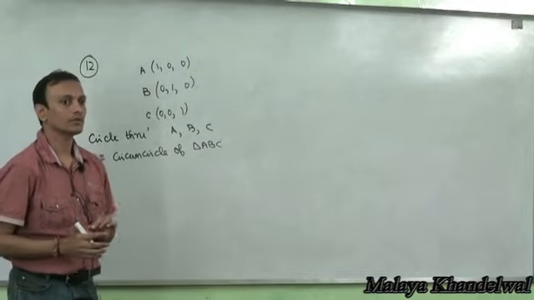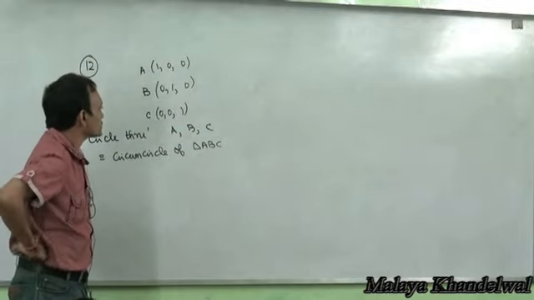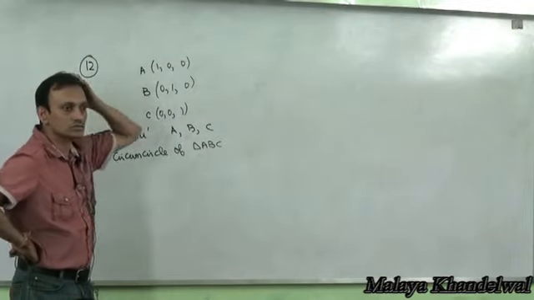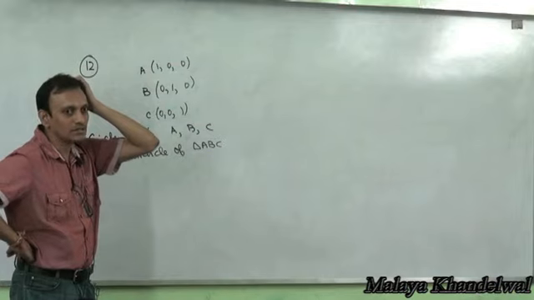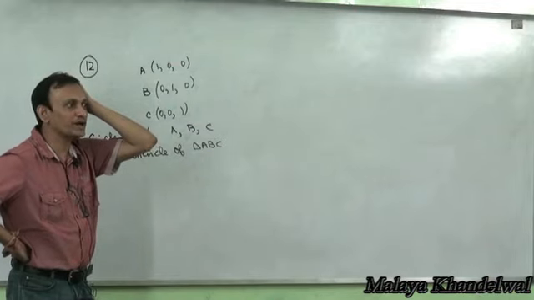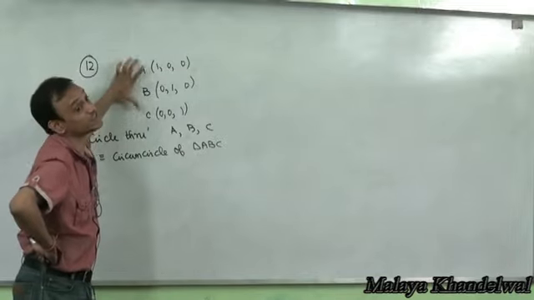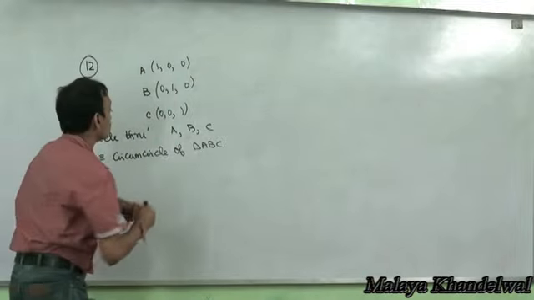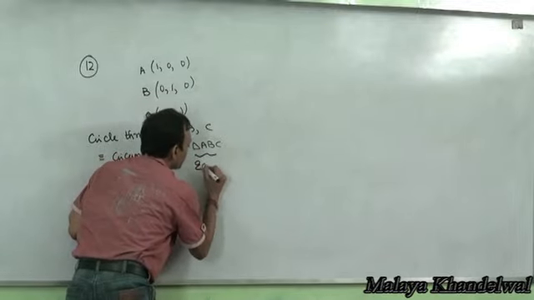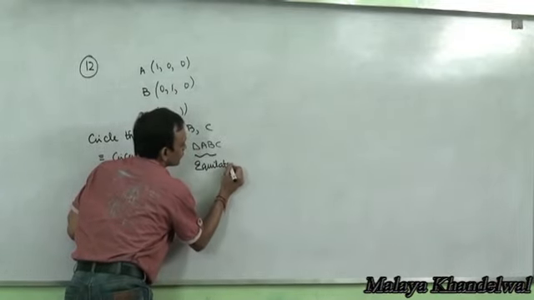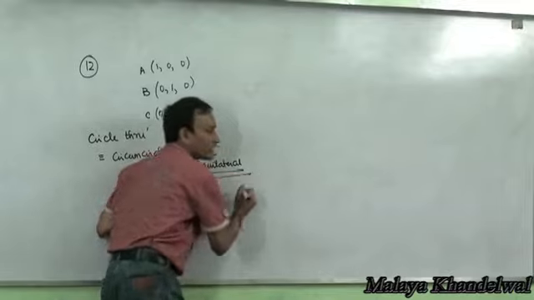Now, do you realize that, check out these numbers, ABC will constitute an equilateral triangle, isn't it? Distance between A and B is the same as distance between B and C is the same as distance between C and A. So this is an equilateral triangle.